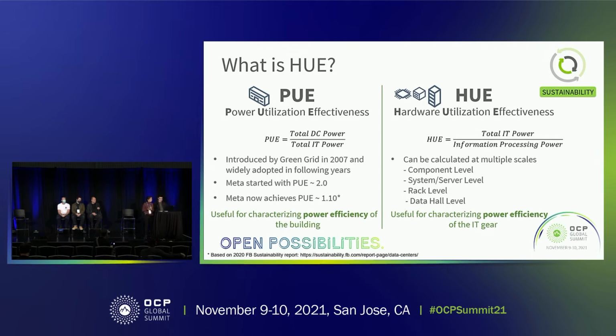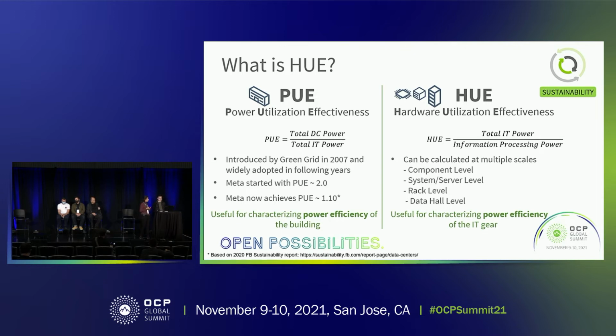Drawing a parallel to this, we are defining HUE as a ratio of the total IT power to the information processing power. HUE can be defined at multiple levels: the component level, the server level, rack, as well as the DC level. So just as PUE can be used to characterize the power efficiency of the building, HUE can be used to characterize the power efficiency of our IT gear.